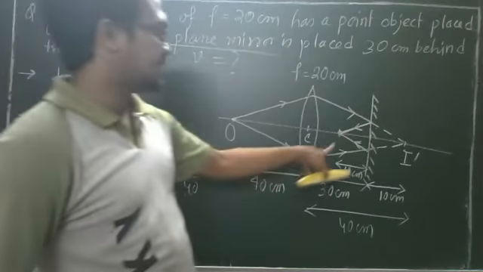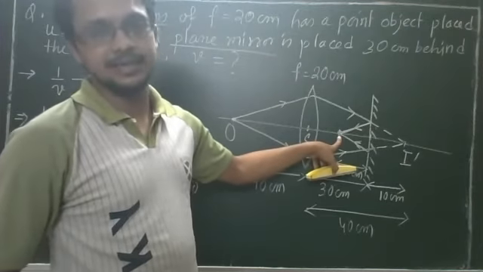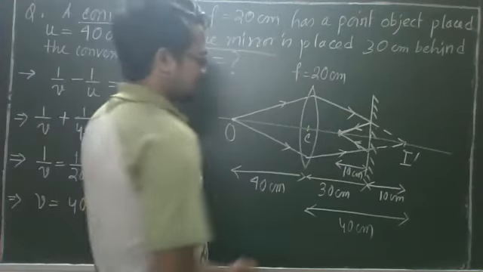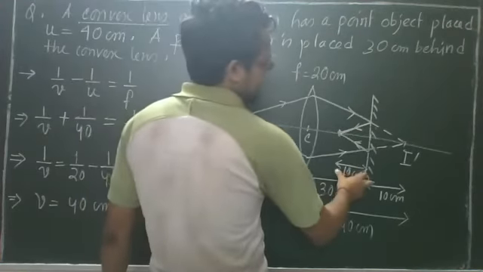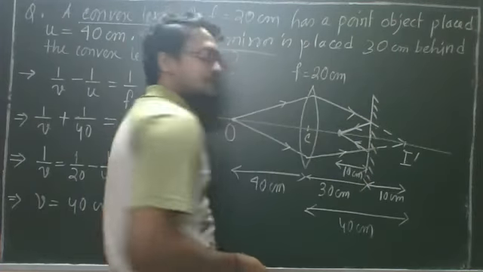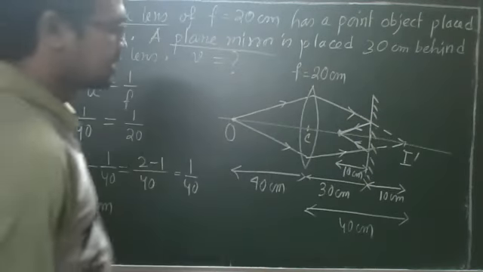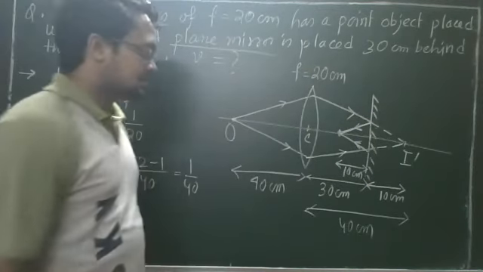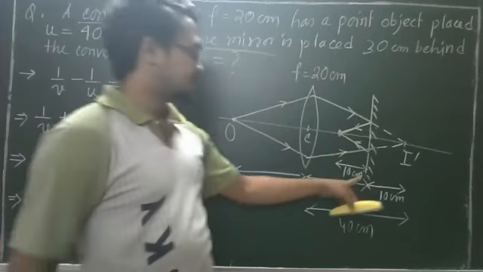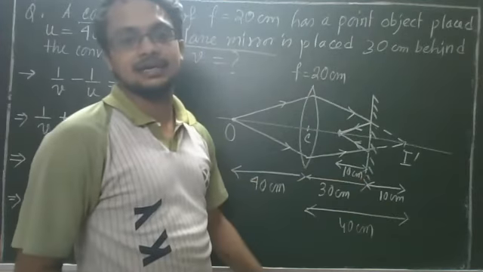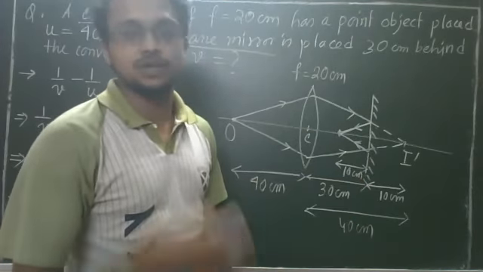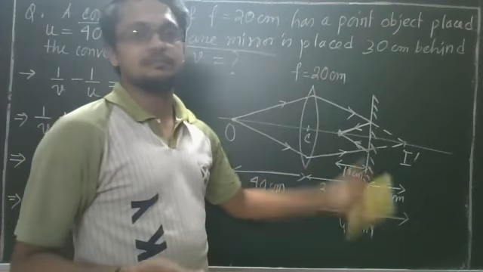So here we are getting a real image. At what distance? At a distance of 10 centimeter in front of the mirror, the plane mirror. So how will you express the image distance? The image will be formed at a distance of 10 centimeter in front of the plane mirror.